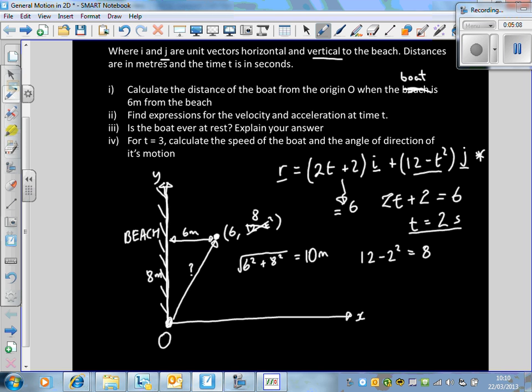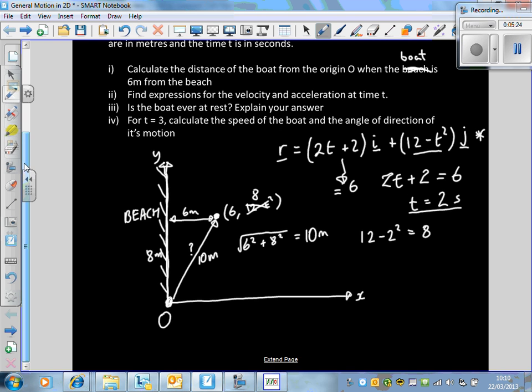It's a 6, 8, 10 triangle, a multiple of the 3, 4, 5 Pythagorean triple. So the boat is 10 meters from the origin. Nice and cushy.